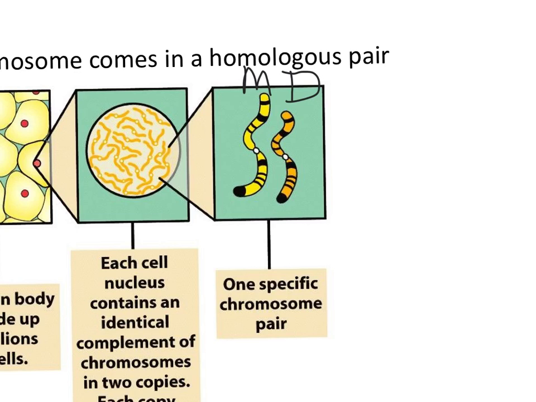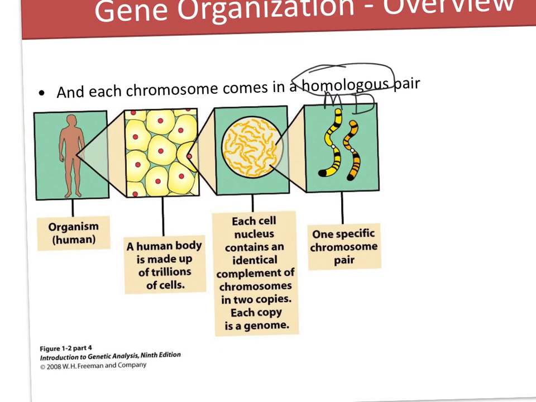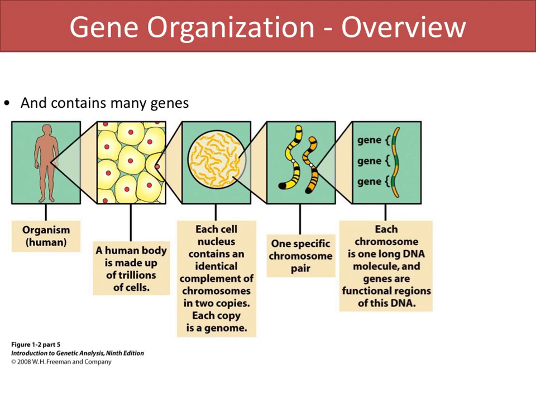So, homologous. Homologous means the same. And then, of course, on each chromosome, there are a whole bunch of different loci or genes.